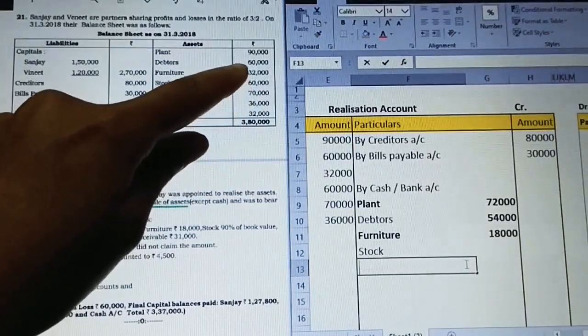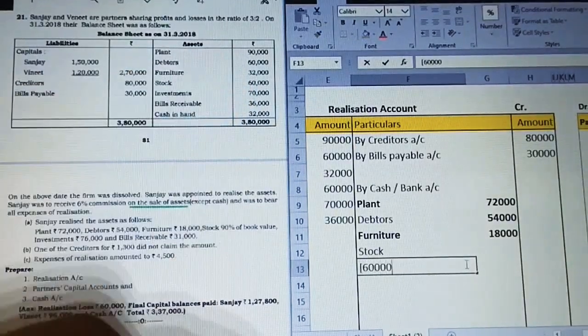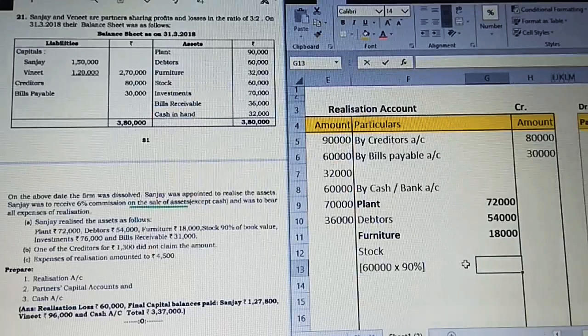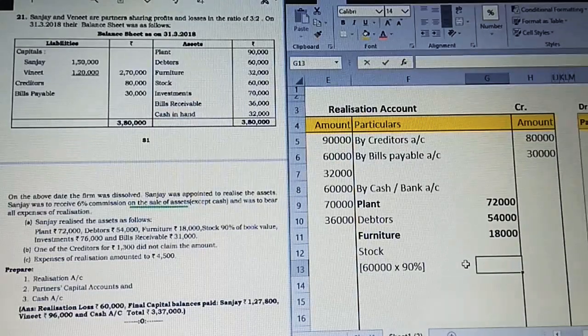So I'm going to take it in brackets on the next line: 60,000 into 90%. We have to calculate this, and then take it up. 60,000 into 90% is 54,000.